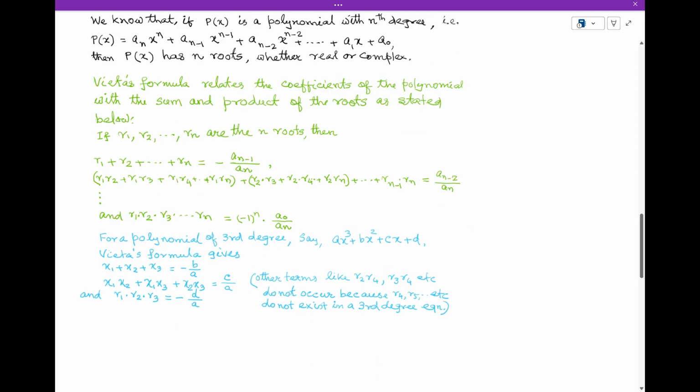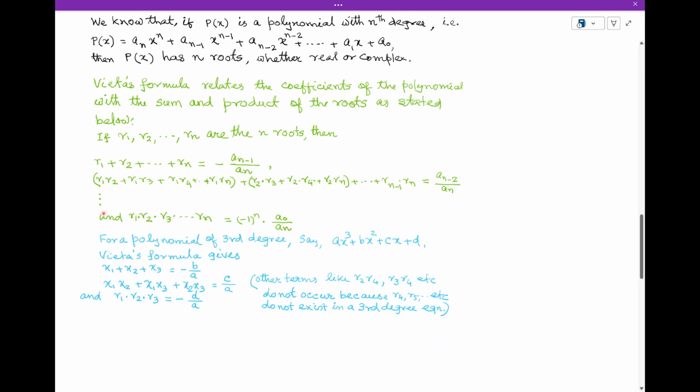And like this it will continue, and r1 multiplied by r2 multiplied by r3 up to rn is equal to minus 1 to the power of n a_0 by a_n.